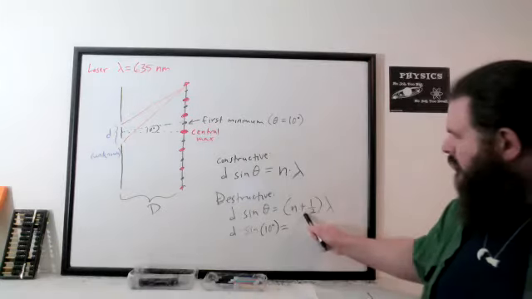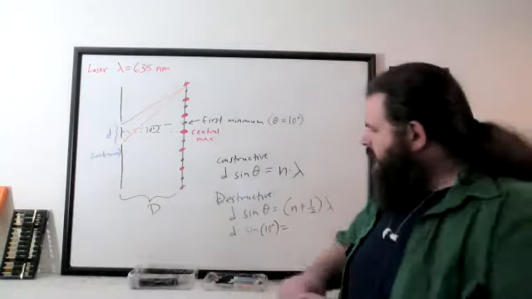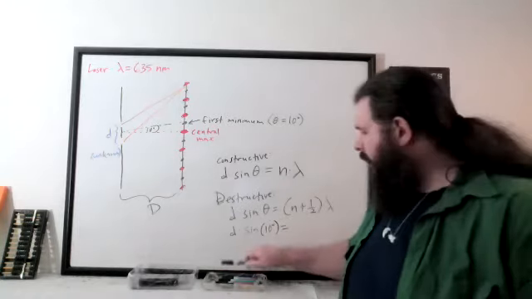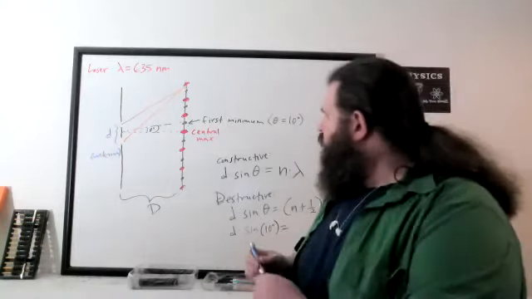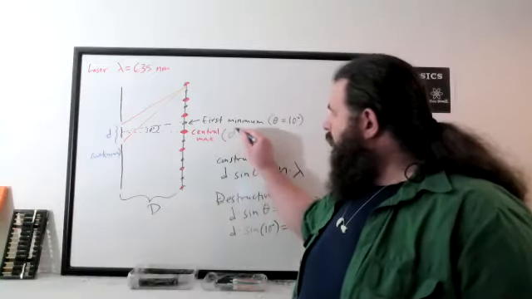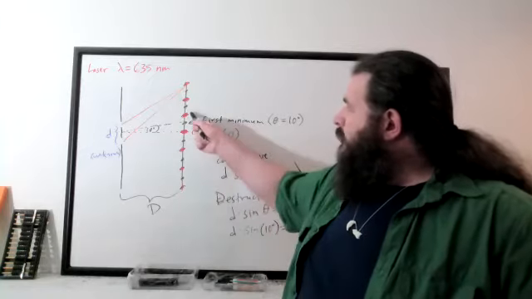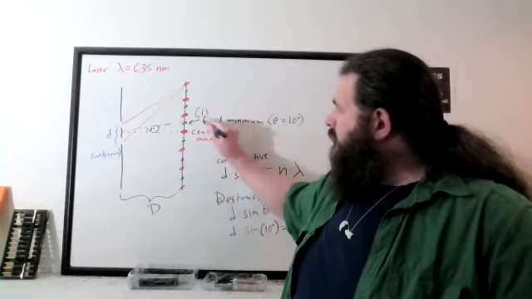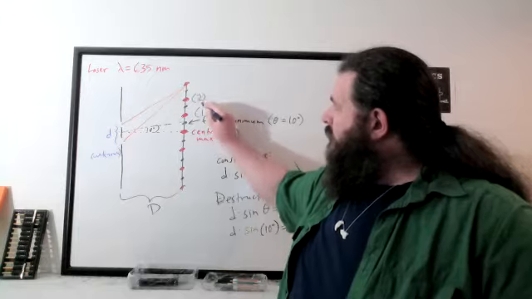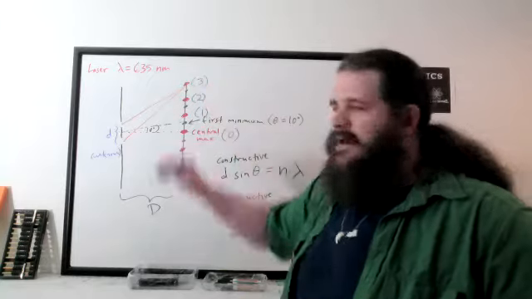So this thing here, if we think of this as how offset they are, the central maximum has no offset at all. So that's n equals 0. The next bright spot would be 1 wavelength offset, then 2 wavelengths offset, then 3 wavelengths offset.